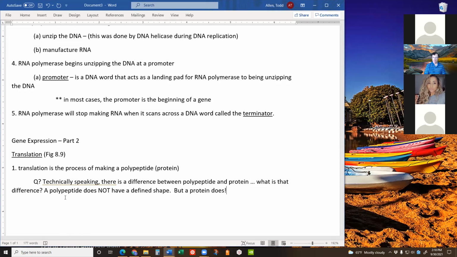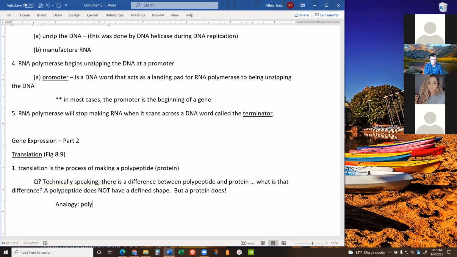As an analogy, a polypeptide would be like your shoestring if it's out of your shoe and you're just holding the shoestring at both ends between your hand. It's just kind of a limp thread of fabric. It's just a shoestring, okay?